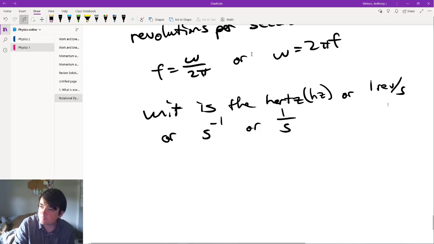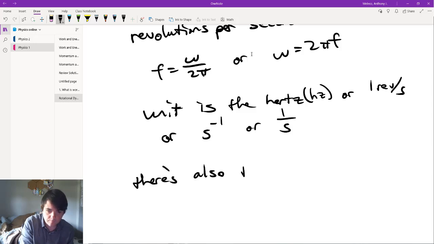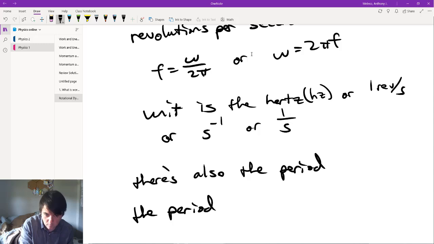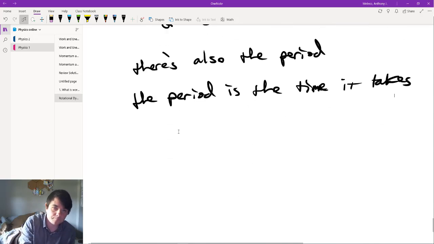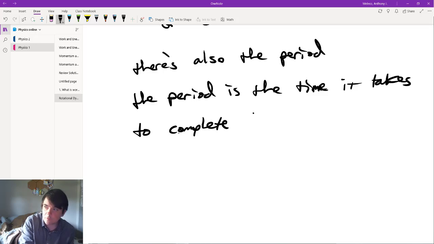There's one other thing, and that's the period. The period is the time it takes to complete one revolution.